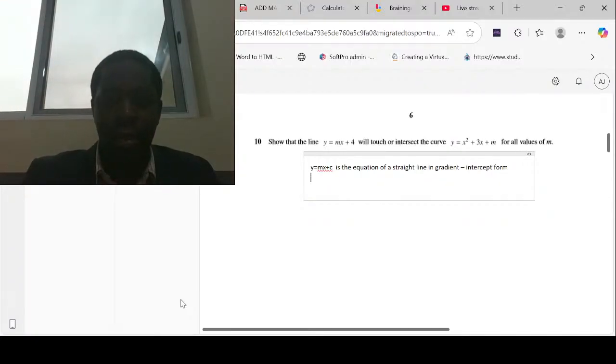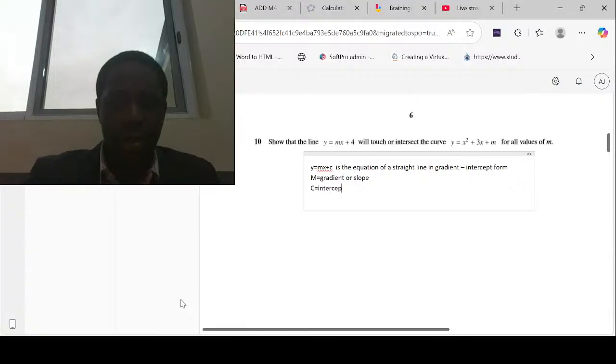Where m is the gradient or slope and c is the what? I remember what c is again. Intercept on the y-axis.